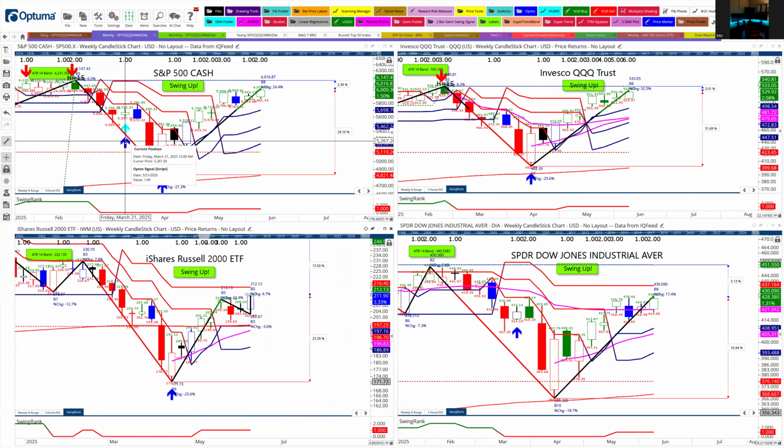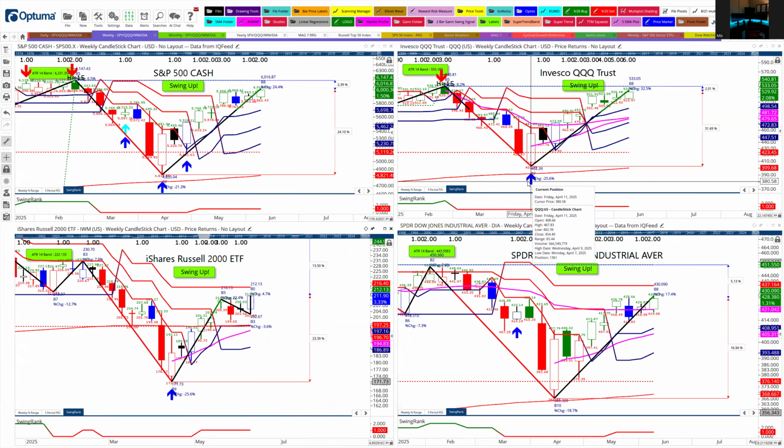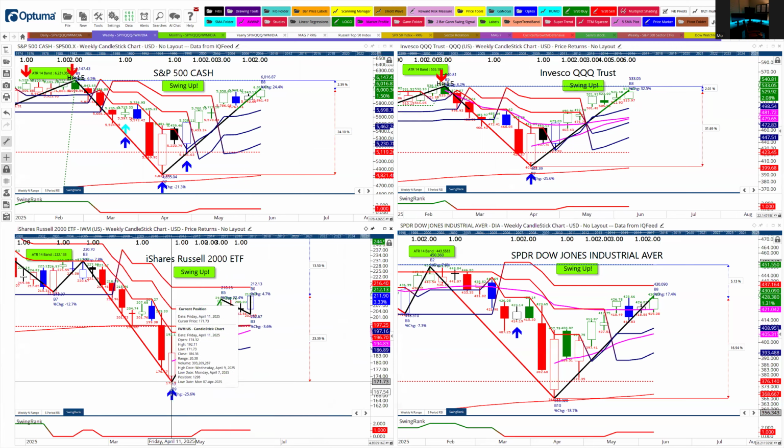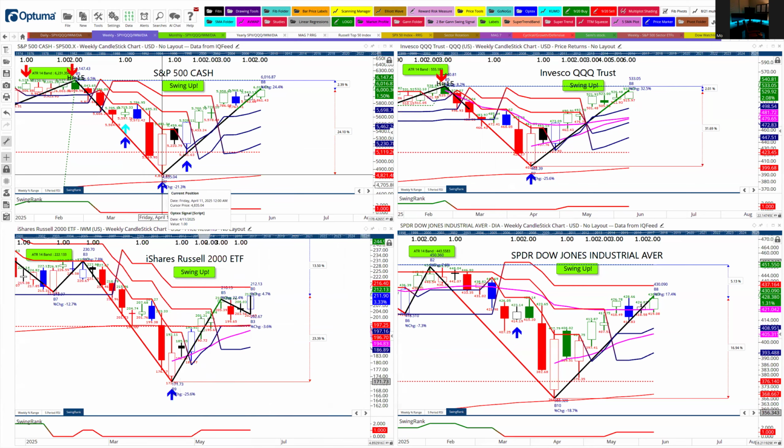Well, this one didn't really play out. This is the only one that happened in cash. But you look at the Qs and this IWM, look at this. The point is when this mean reversion right there triggers, and there's another one here, you want to make sure this low doesn't get taken out the next week. That's the beauty if this plays out.